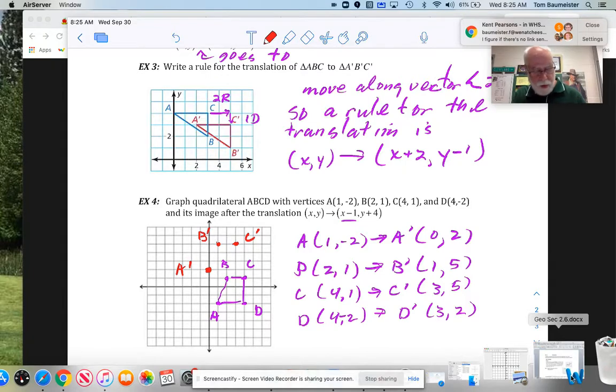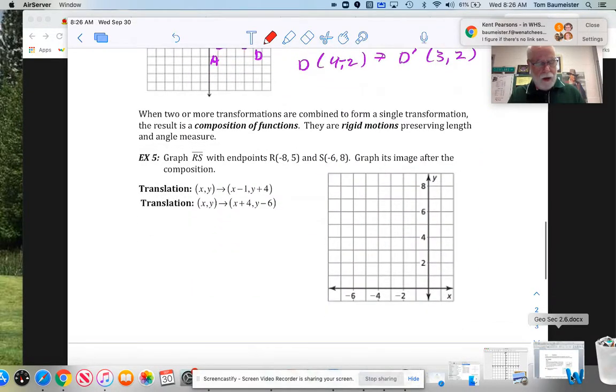And then D is at 3 and 2. So sometimes it gets a little busy there. But again, connect those. And you don't have to tell me the points because we just put them off to the side. Okay? And then finally, our last problem.